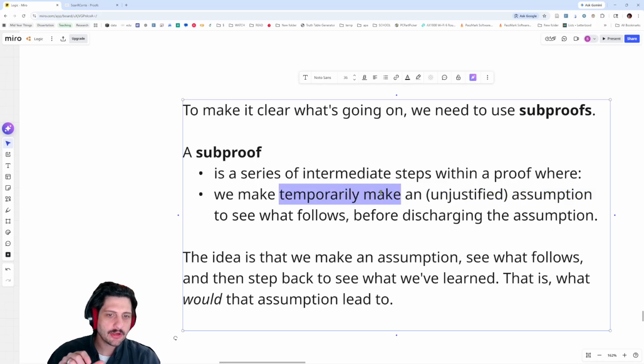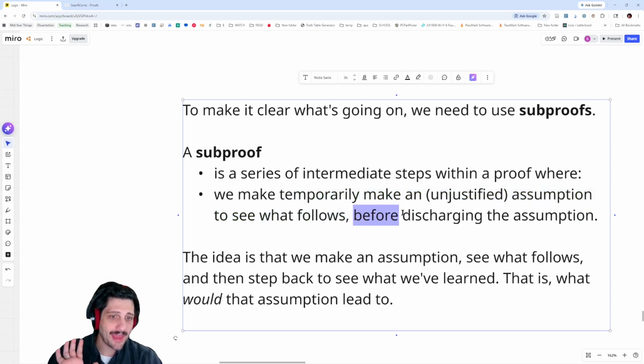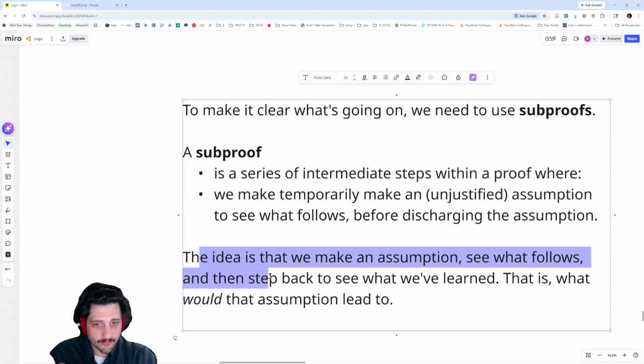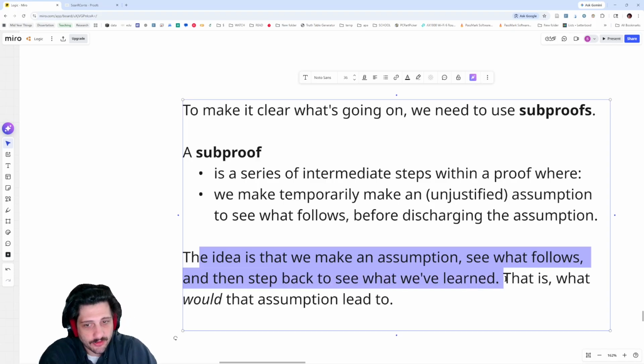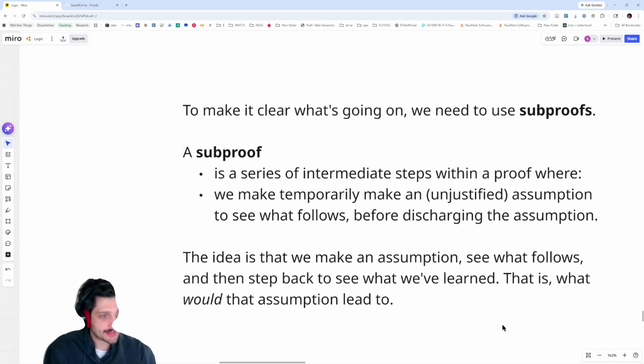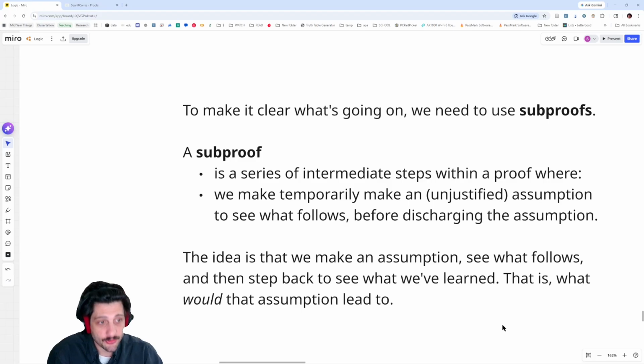We make a temporary, unjustified assumption to see what follows, and then we discharge that assumption. We make an assumption, see what follows, and then step back to see what we've learned. What would the assumption have led to? That doesn't mean we're going to believe the assumption. It doesn't mean we're going to believe that the consequences of the assumption are actually true. But the point is we're just going to believe that this assumption really would lead to those consequences.